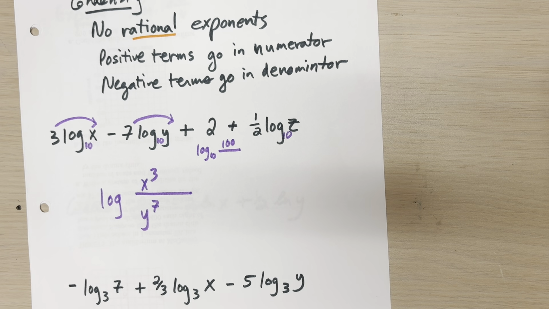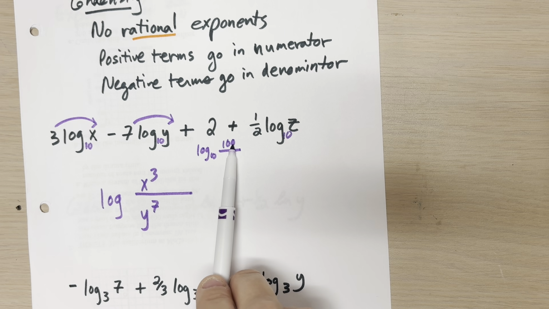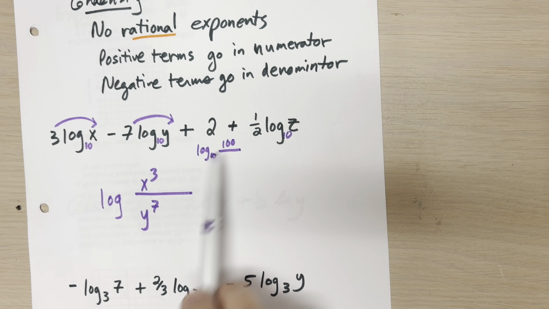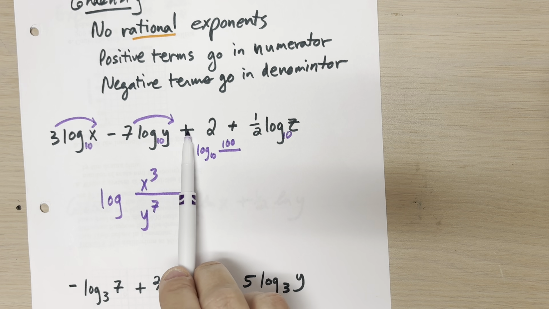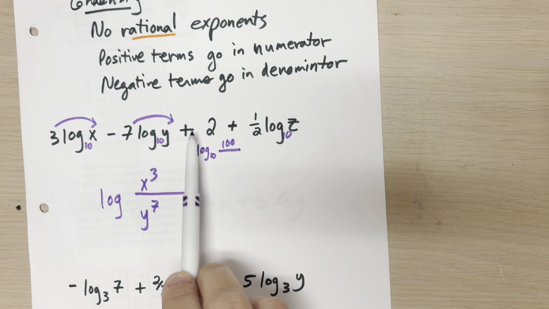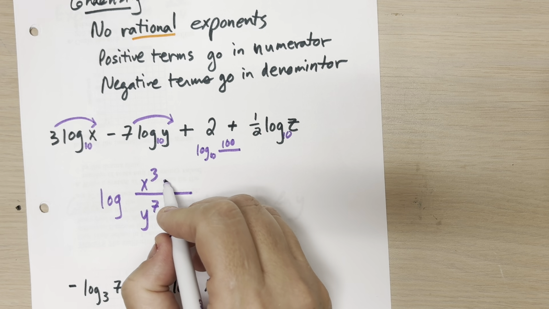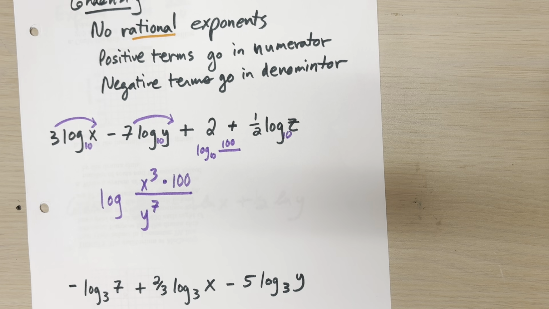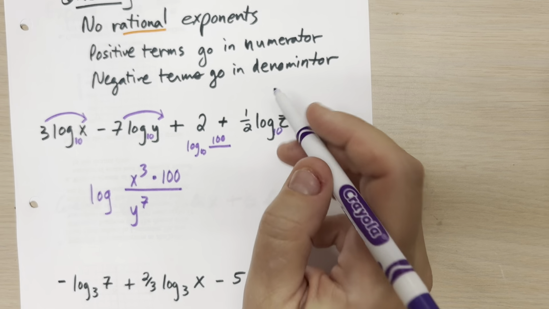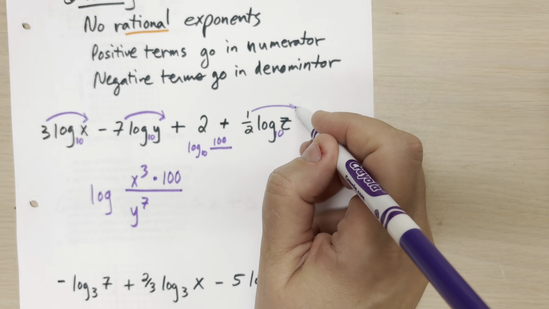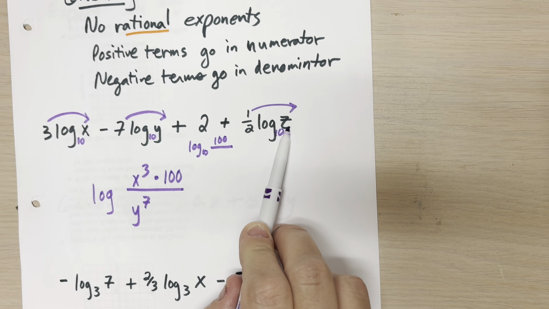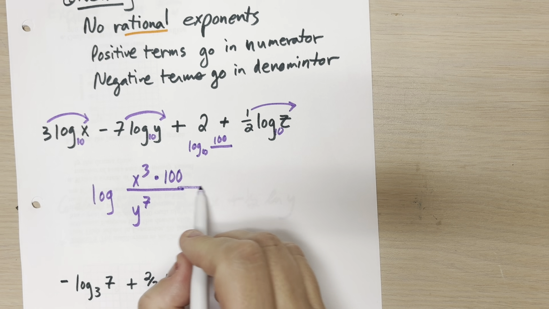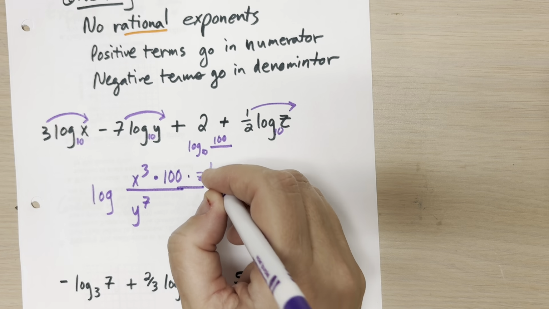Y to the 7th is on the bottom of the fraction. 2 is the same thing as log 100. Since this is being added, it's a positive term. I'm going to keep this 100 on the top. And then finally, this 1/2 is going to go up as the exponent with the z. Positive means it's up in the top as well. Z to the 1/2.